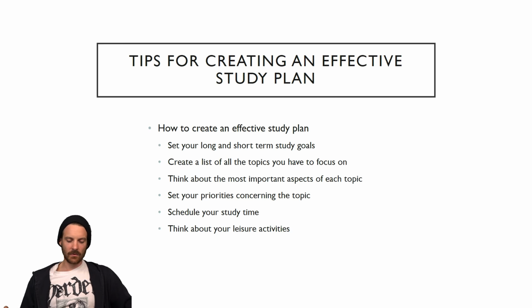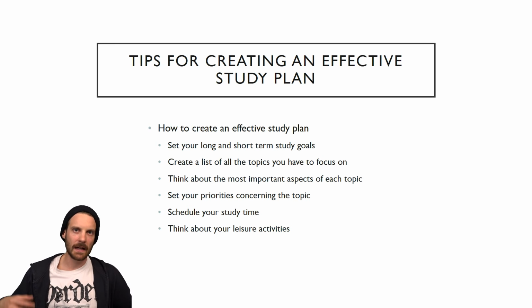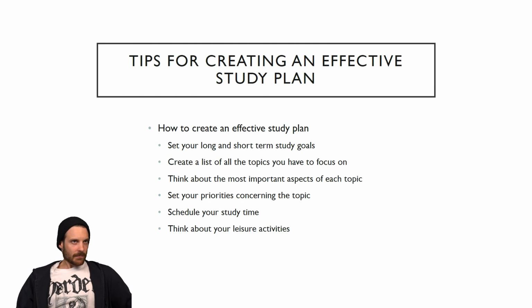As I've already mentioned, it is important that you set your long and short-term study goals. Write down what you want to achieve. Long and short-term goals encompass, for example, reaching 2 topics in 2 days or 2 topics in 4 days, depending on how much time you have, of course.